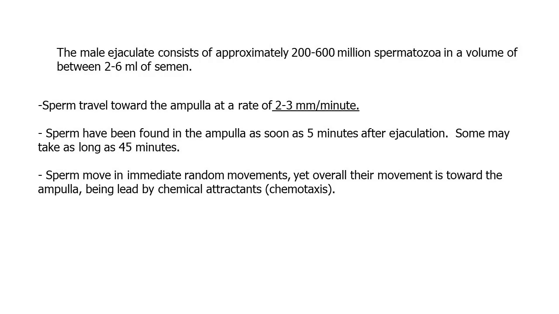So where does fertilization usually occur? It has to be in the ampulla, and we're going to see why as we go through these slides today. The embryo has to be at a certain developmental stage to have created the precursor to the placenta, and that's what's going to cause it to implant.